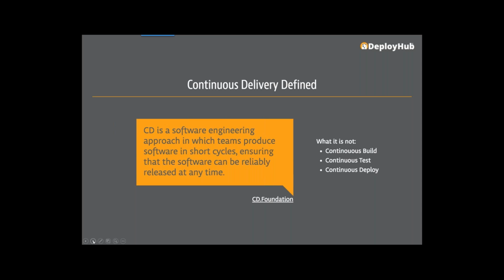So in their definition, CD is a software engineering approach in which teams produce software in short cycles, ensuring that the software can be reliably released at any time. It does not do software compiles or builds, it doesn't do testing, and it doesn't do deployments. It is a process of managing or orchestrating the application lifecycle. Maybe a better term should have been continuous lifecycle.